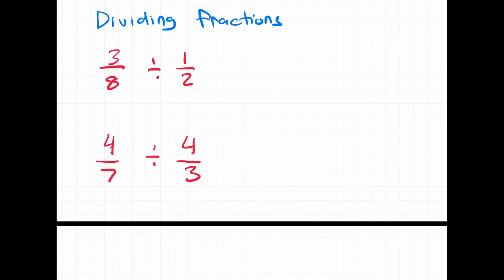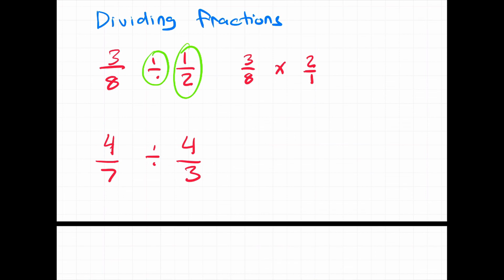So we will rewrite this as 3/8, and remember what I said, turn this one upside down, 2/1. And now we're going to take what was a division sign and replace that with a multiplication sign. So what are we doing? We're flipping that and changing this.